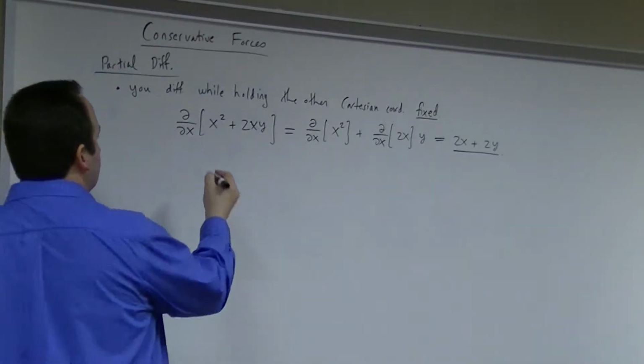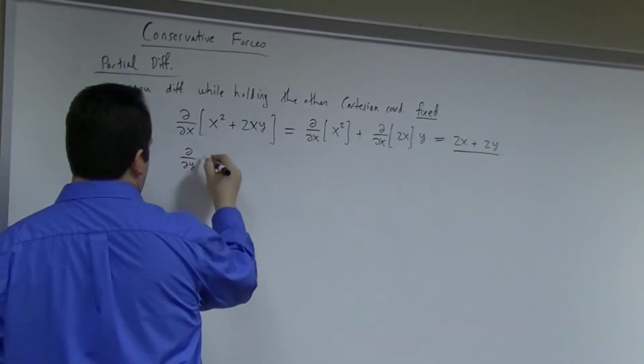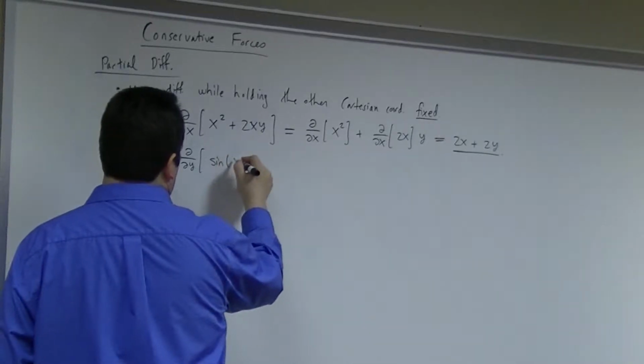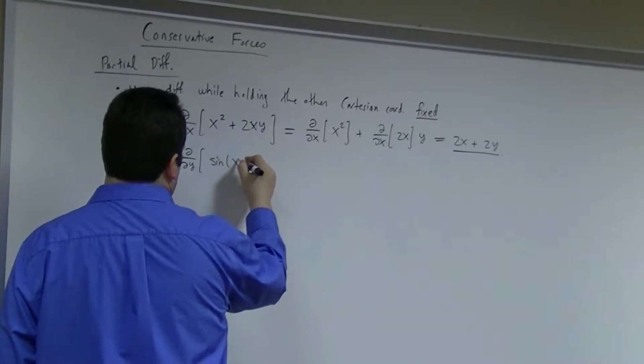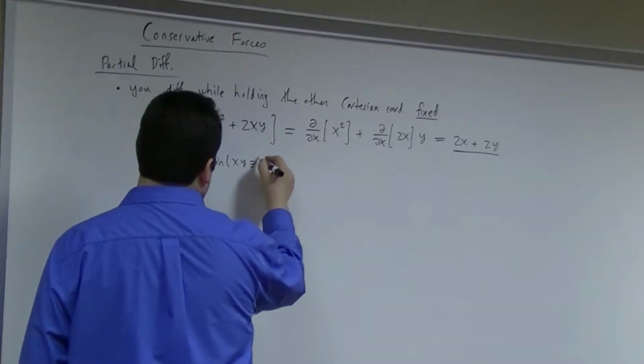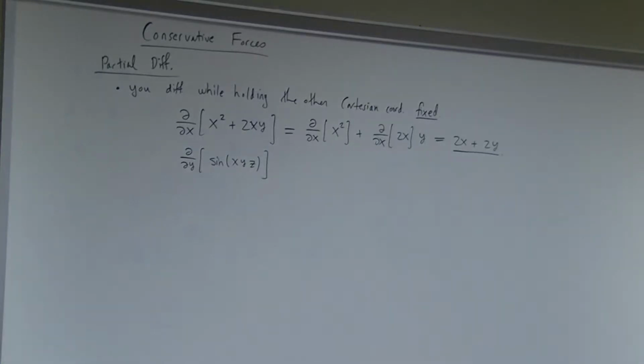Another example. Partial y of the sine of xyz. We can do partial differentiation with 2 variables. We can do partial differentiation when you've got 3 variables, x, y, and z.